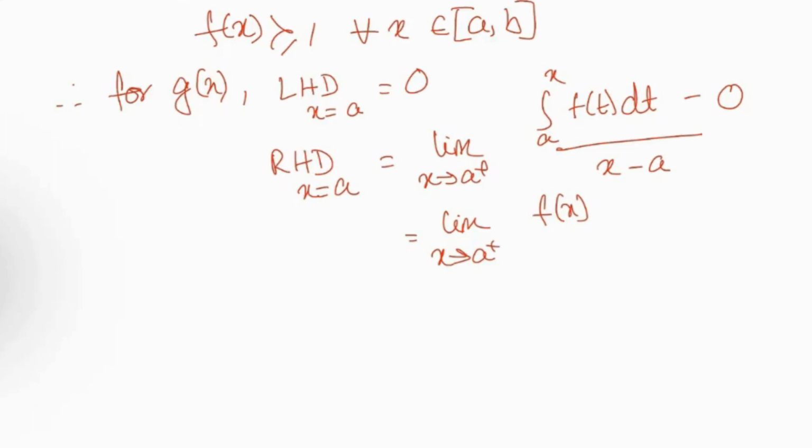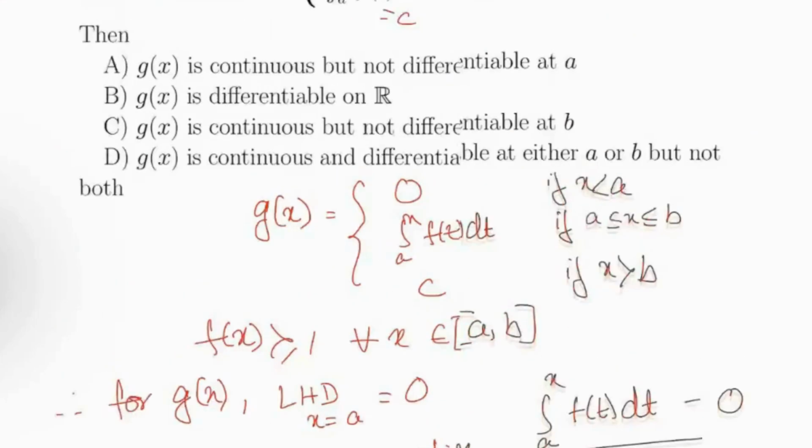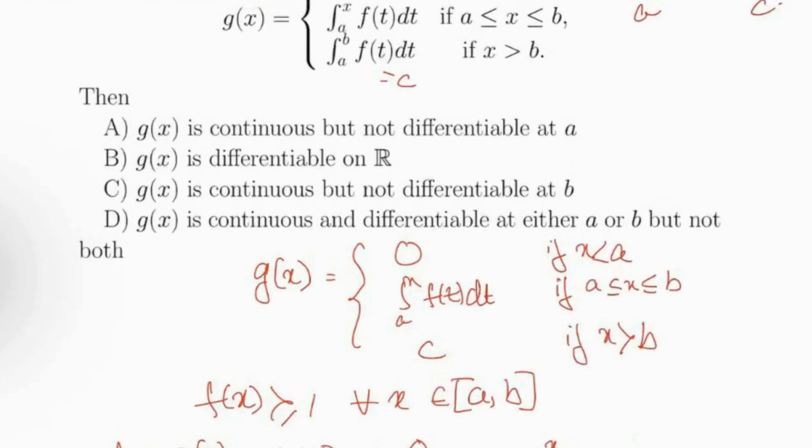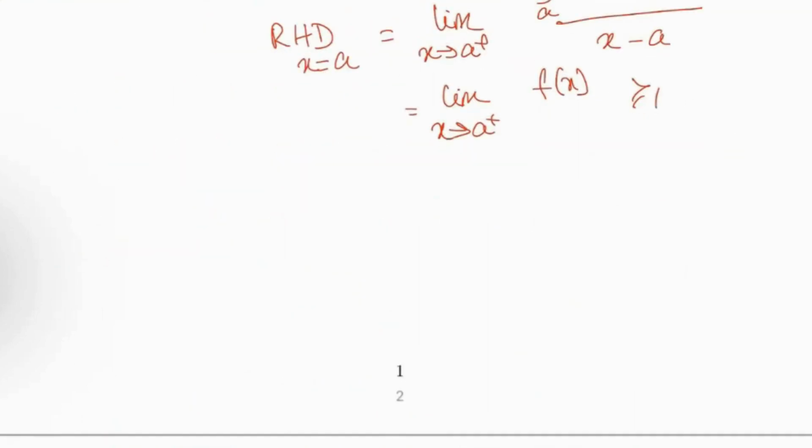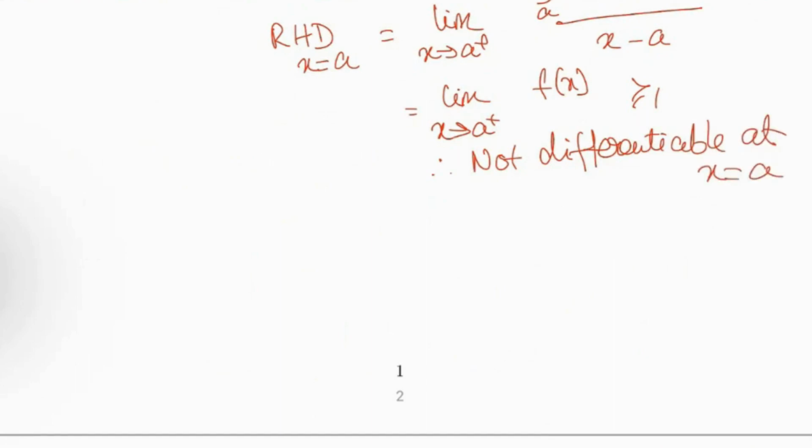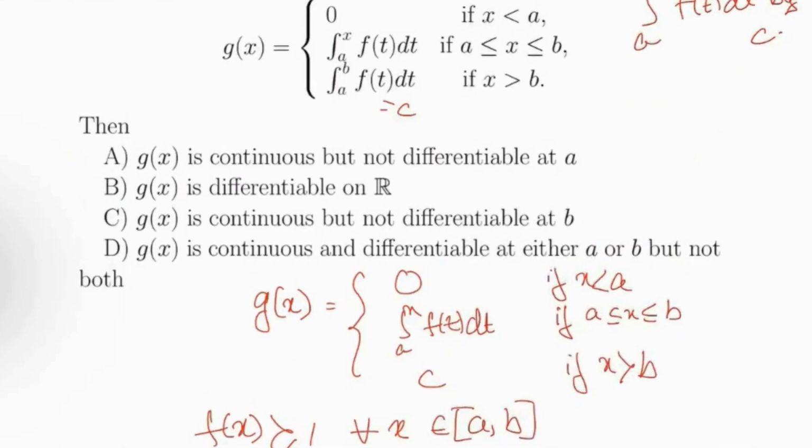And this is greater than or equal to 1, because we already found that f of x is greater than or equal to 1 in this range. So therefore, it is not differentiable at x equals a, so we get that the first option is right.